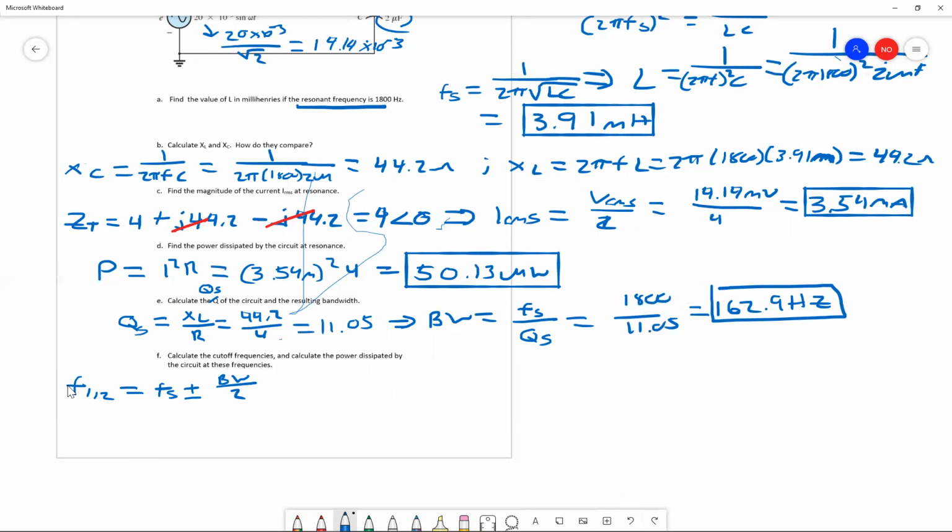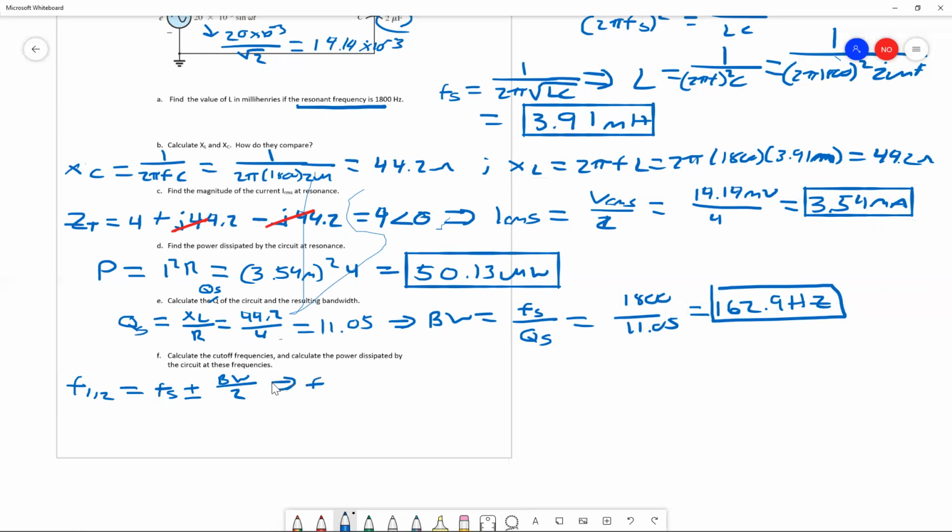And conceptually, that should make sense. Bandwidth is the difference between those two values. So if we cut it in half, then that should be the difference between the middle frequency, which is the cutoff frequency, and the upper and lower limit. So F2 is going to be our upper limit, which means we have to use a plus for it.